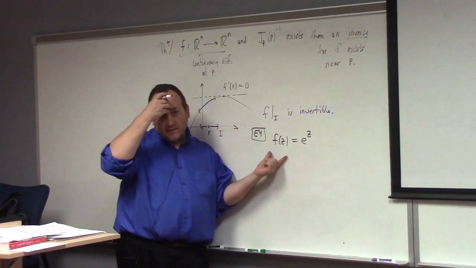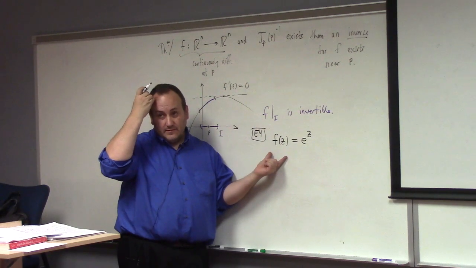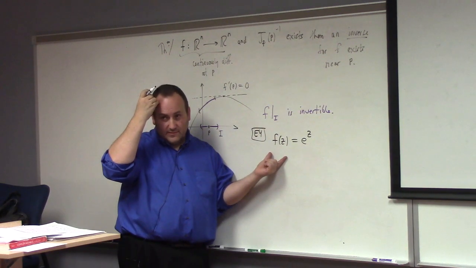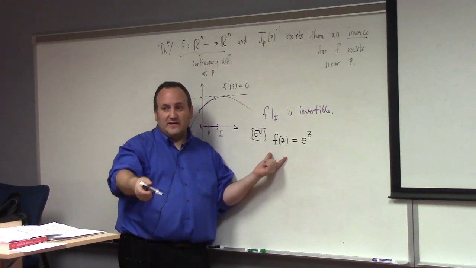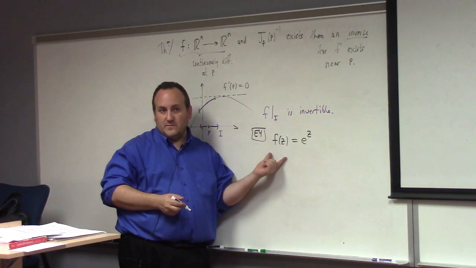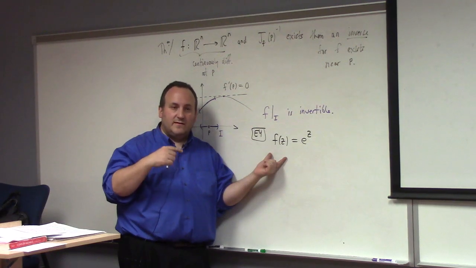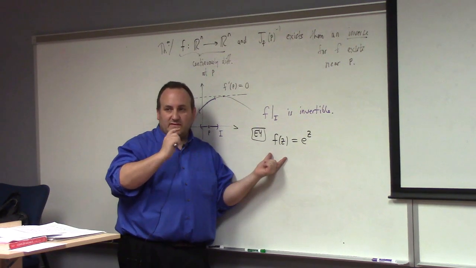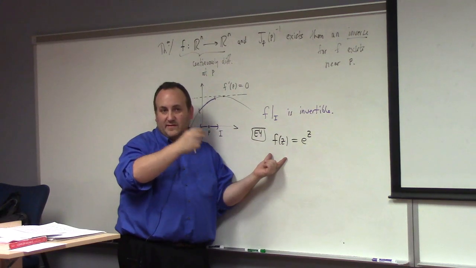Is this function one-to-one? In other words, if I have e to the z1 equal e to the z2, do you get z1 equals z2? We do not, right? We get that z1 is equal to z2 plus some integer multiple of 2 pi times the imaginary number.